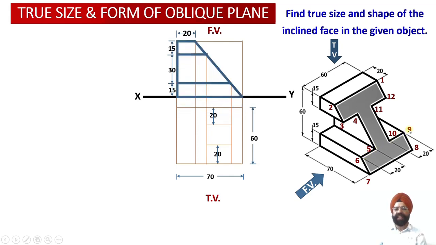Now let us darken the projections which are lying in the front view, and let us darken the projections of the edges which are available to us from the top view over here. So these are the projections corresponding to the edges which are visible to the observer while the observer is going to view the solid from the front. So we can check this portion, it is visible to the observer.